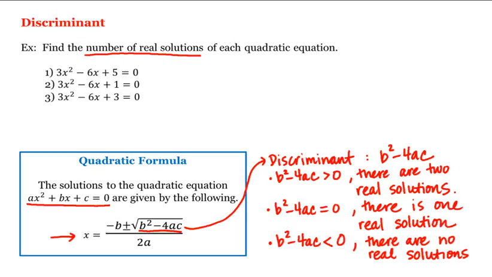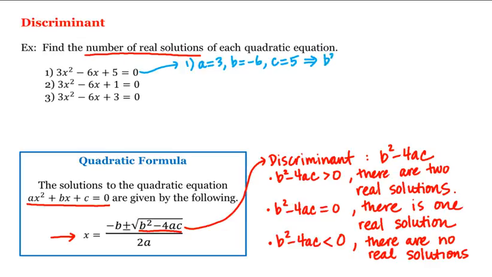So let's compute this discriminant for each of our three equations here. So for the first equation, we have a is equal to 3, b is equal to negative 6, and c is equal to 5.